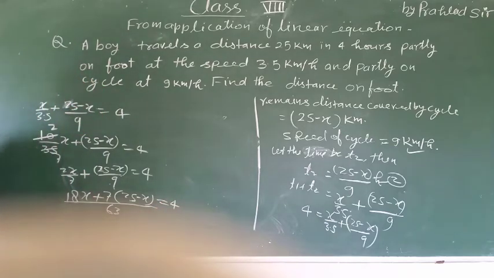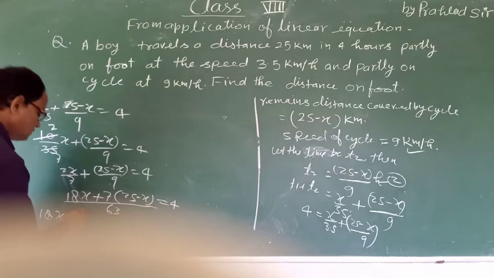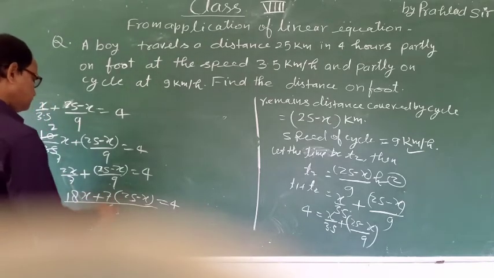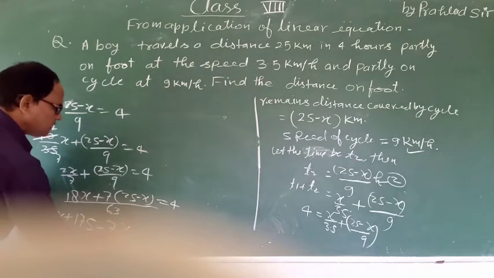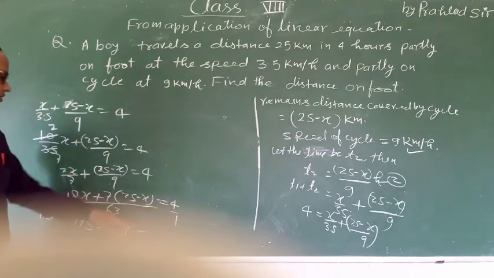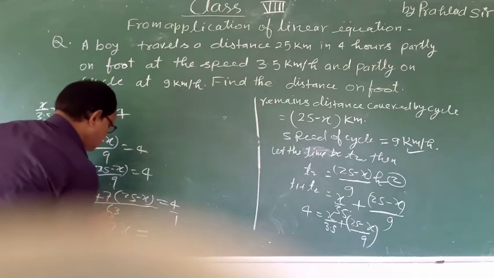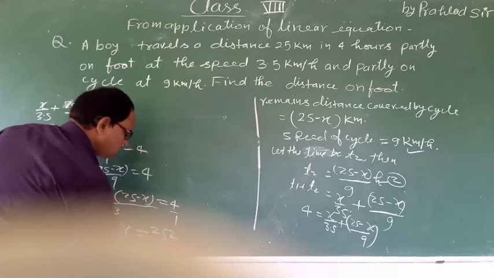Here 18x plus 7 multiplied by 25 is 175, minus 7x. Then multiply 63 by 4, we get 252.